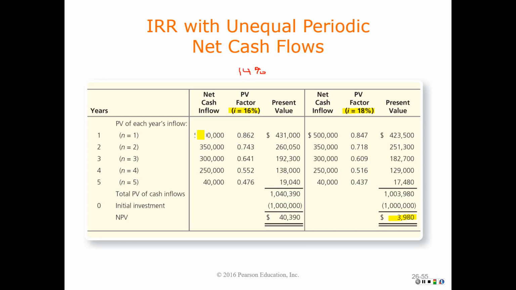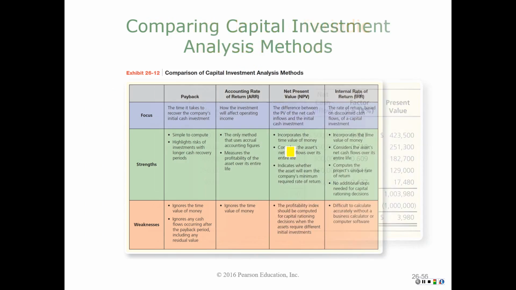And once again, this was simply by trial and error. But if I know that my minimum required rate of return is 14, and I'm generating at 18%, I'm still generating more return than just my investment, so my rate of return certainly has to be greater than 14%.